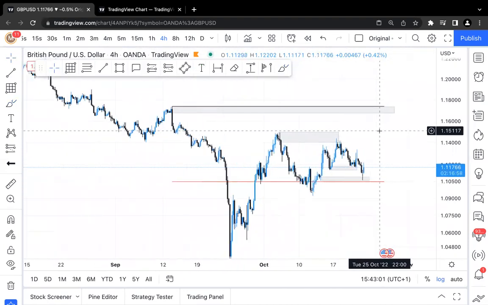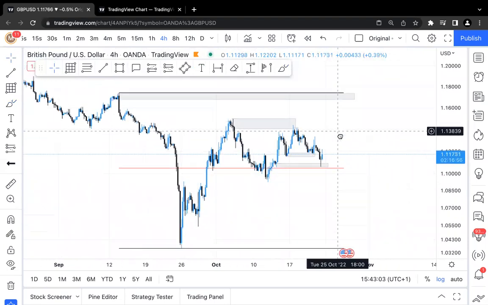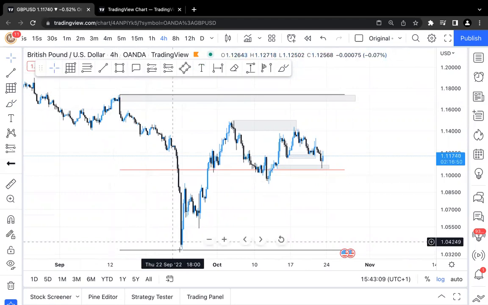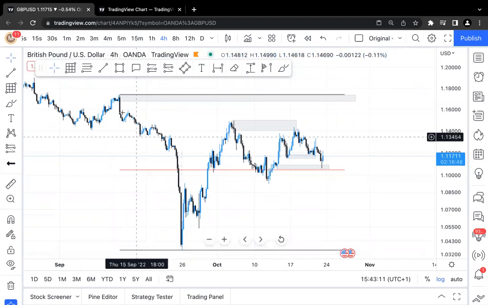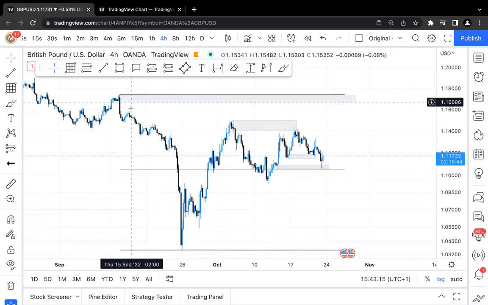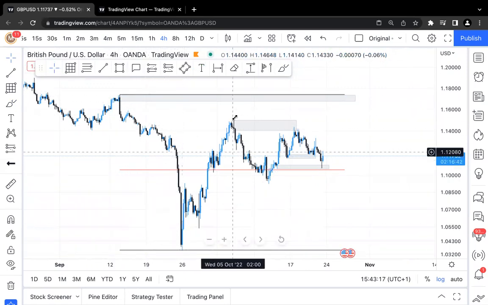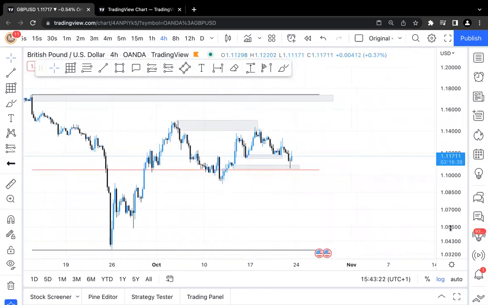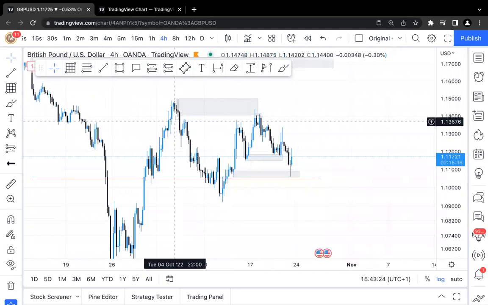So if I was to look at this, we are looking at GBP US dollar, all right? Now we have the top of our range here. We have the bottom of our range here. So you have what we call a price range. Now, if we were to go to this area right here, we've got our premium and discount.